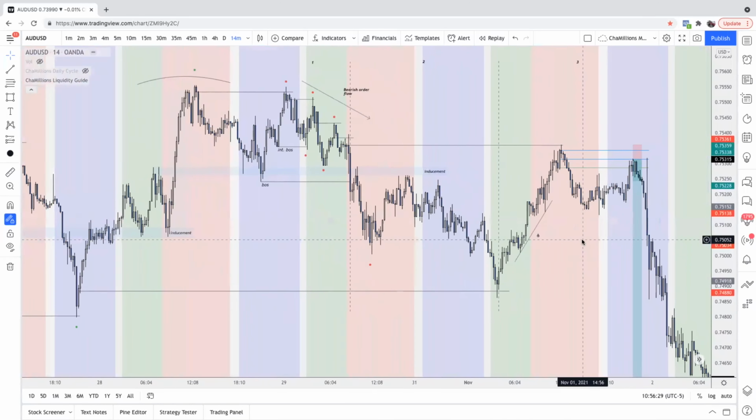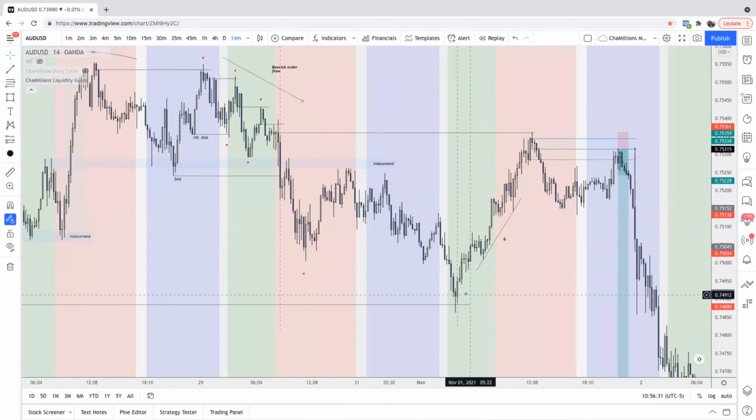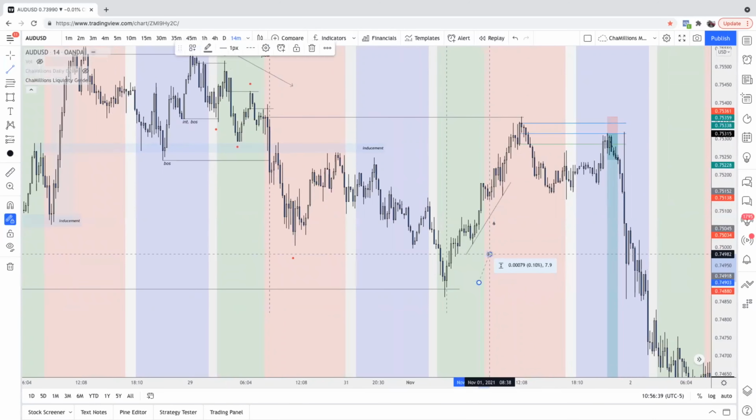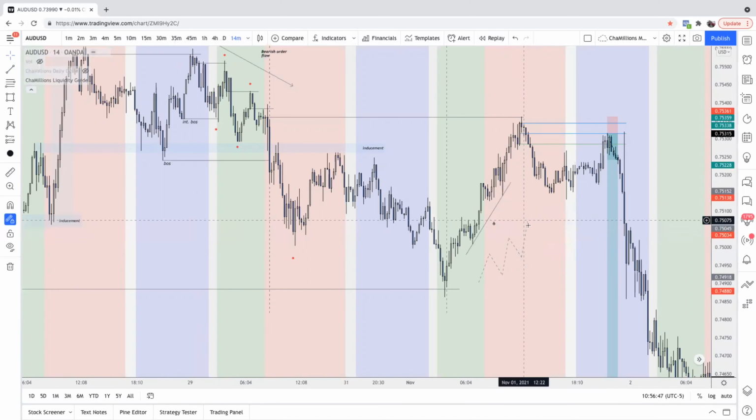For one, the anatomy of this move alone was not very convincing. You can just see the mitigations here. It's not making nice significant higher highs and higher lows. You see price mitigating previous demand zones and things of that nature. So that was something that I like to see.